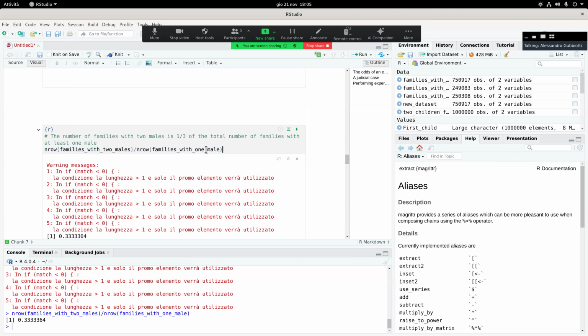So 1 divided by 4 divided by 3 divided by 4 is equal to 1 divided by 3, simply for that.